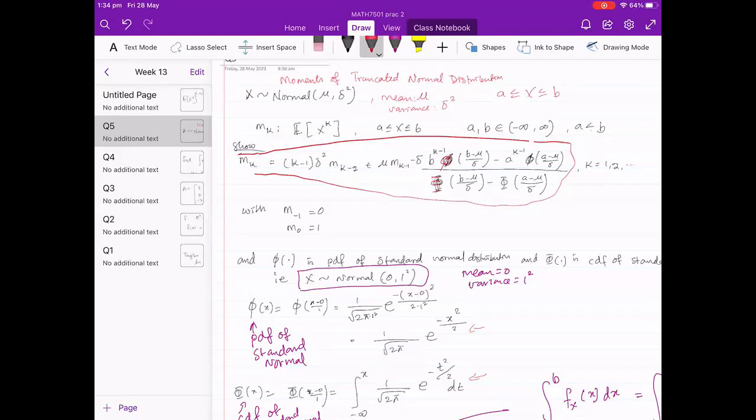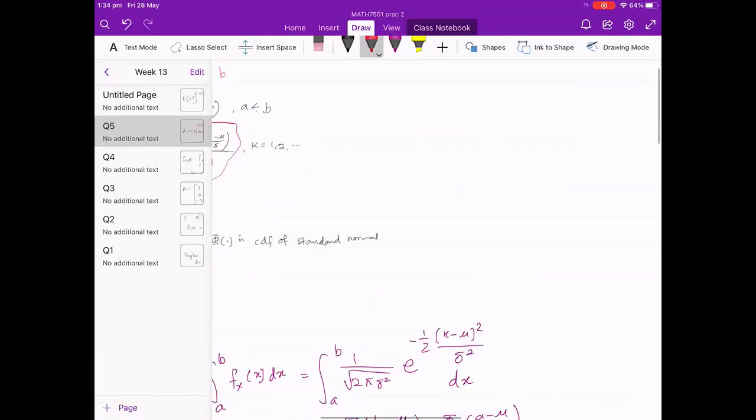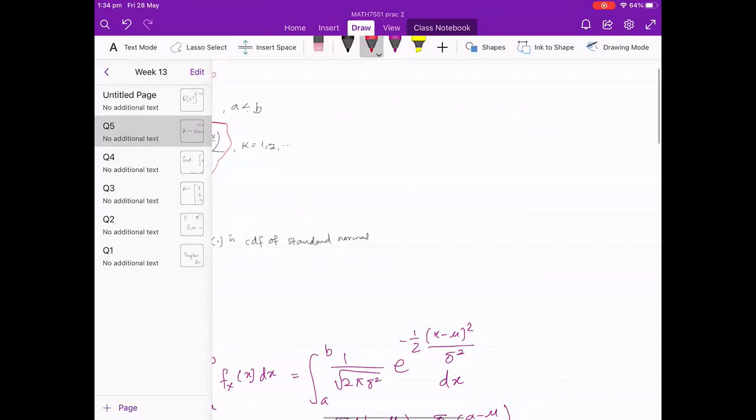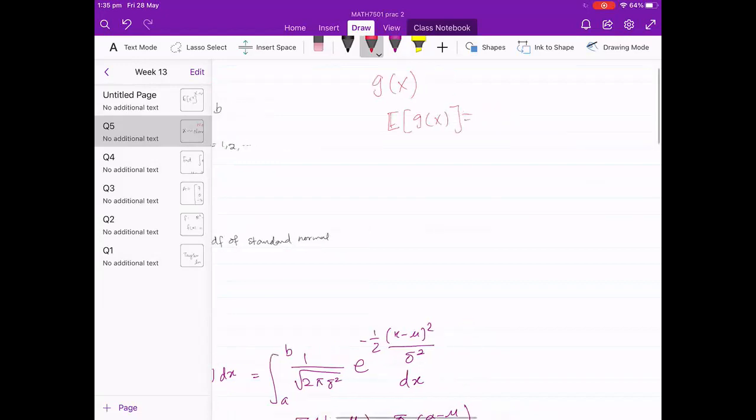This is a function of the random variable. So in general, if you have G as a function of X, and X is a random variable, then the expected value of G of X is equal to, if X is continuous, the integral of G of X times f_X dx.